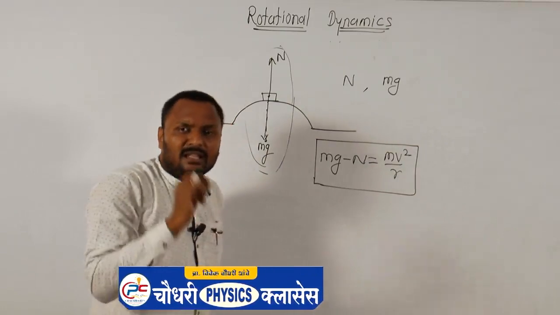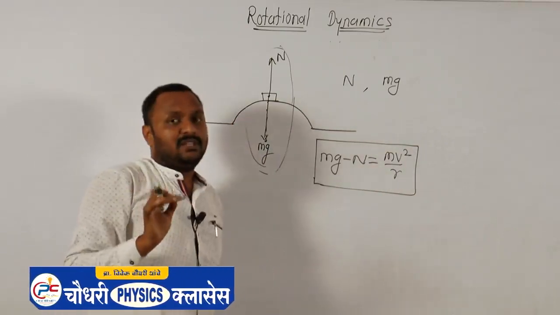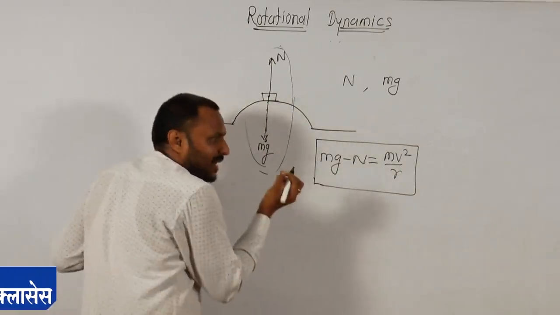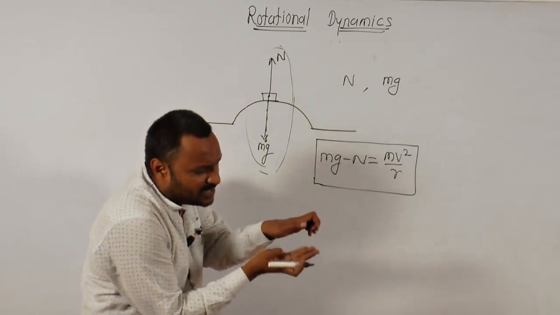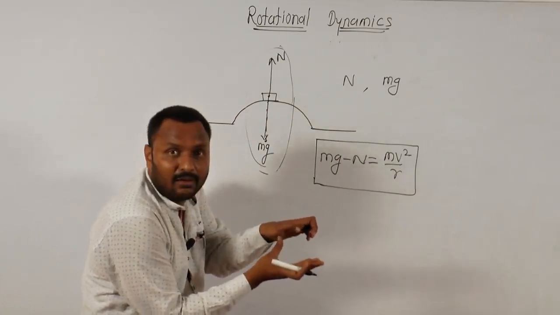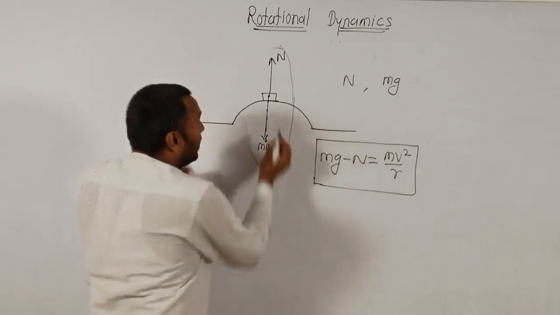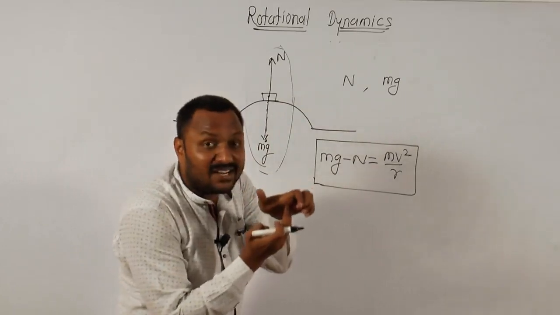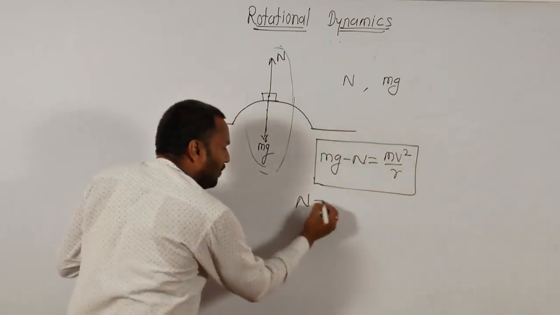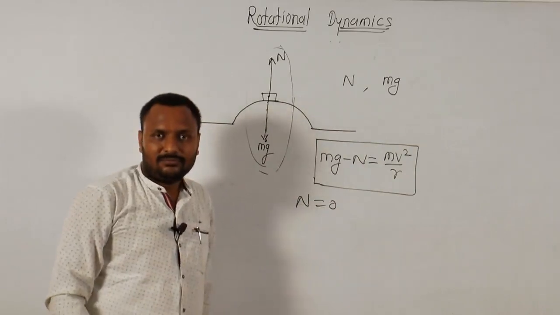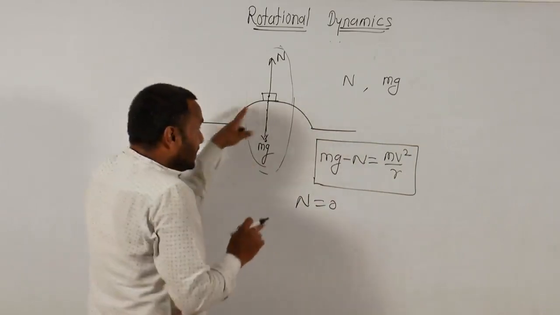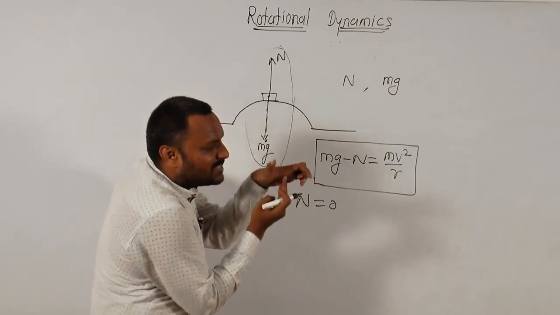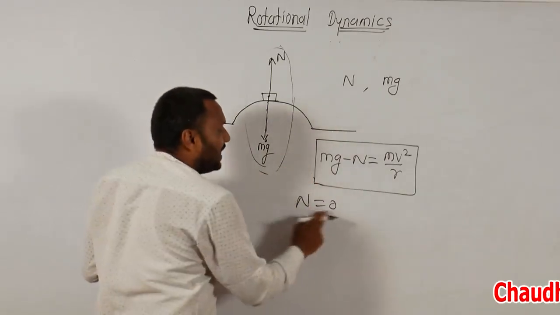Now here we say that this vehicle is just in contact with the road. Just contact means there is no force exerted by the road on the vehicle. Actually the gravitational force is exerted, but there is just contact with the road, which means no force is exerted by the road, so the normal reaction is equal to 0. Again, listen.